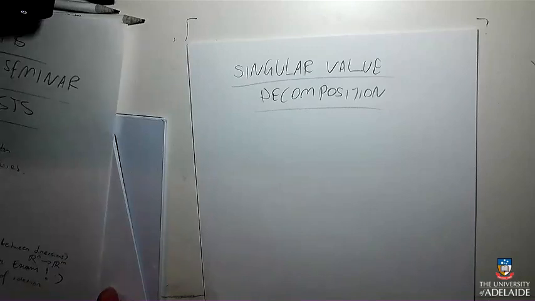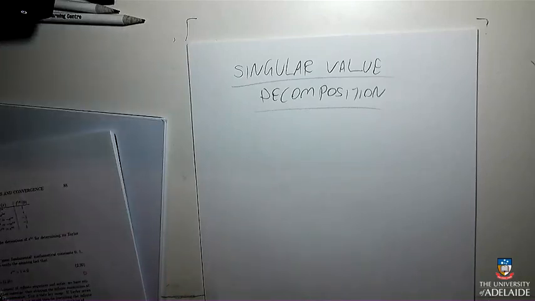So, my understanding of this goes something like this. First, there is a thing called orthogonal diagonalization.